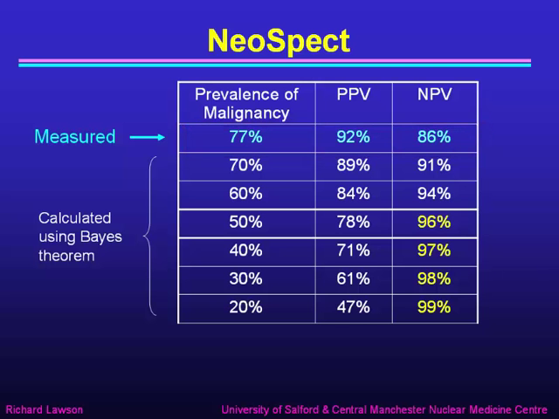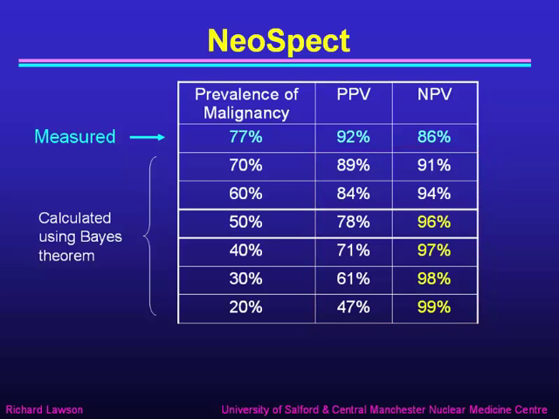But if you use Bayes' theorem, you can take other assumed prevalences and put in 70%, 60%, 50%, 40%, 30%, 20% prevalence, and calculate using Bayes' theorem, which I just showed you, the corresponding positive predictive values and negative predictive values. And that's what I've put in the table here.